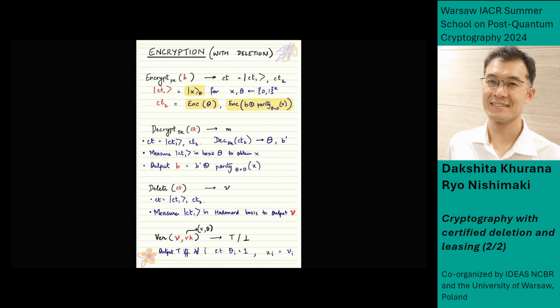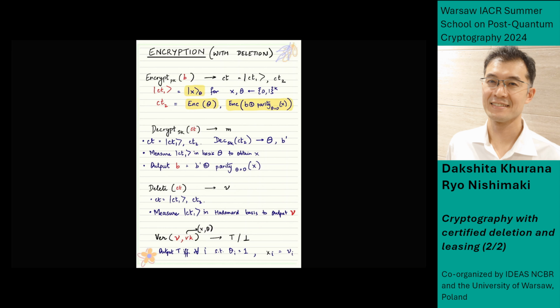So this is exactly what I explained already. This is a summary of the scheme. The encryption algorithm generates a quantum ciphertext and a classical ciphertext. The quantum ciphertext consists of the BB84 state. The classical ciphertext is the encryption of theta and the masked B. Decryption is easy to see.